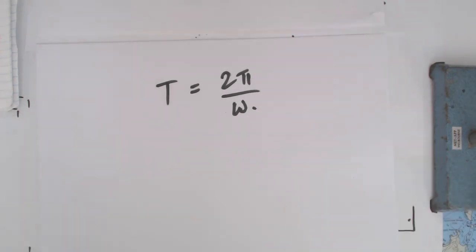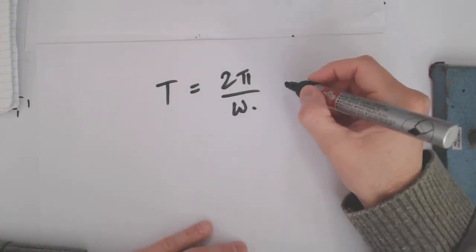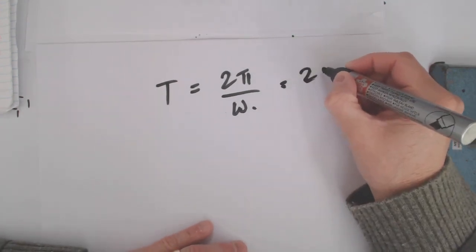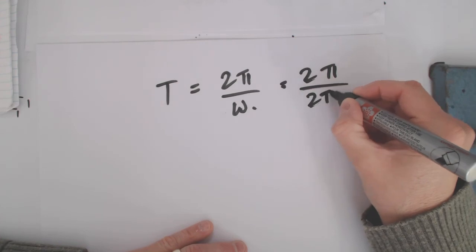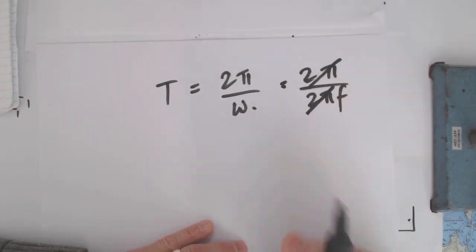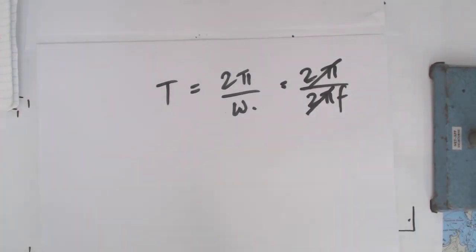That will tell you how long it takes for the period. But omega was equal to 2 pi f. So we can say 2 pi divided by 2 pi f. These guys cancel. And we get back to our old formula which said that the period was equal to 1 over f. Right? So with 50 hertz, we can easily work out the omega, can't we?